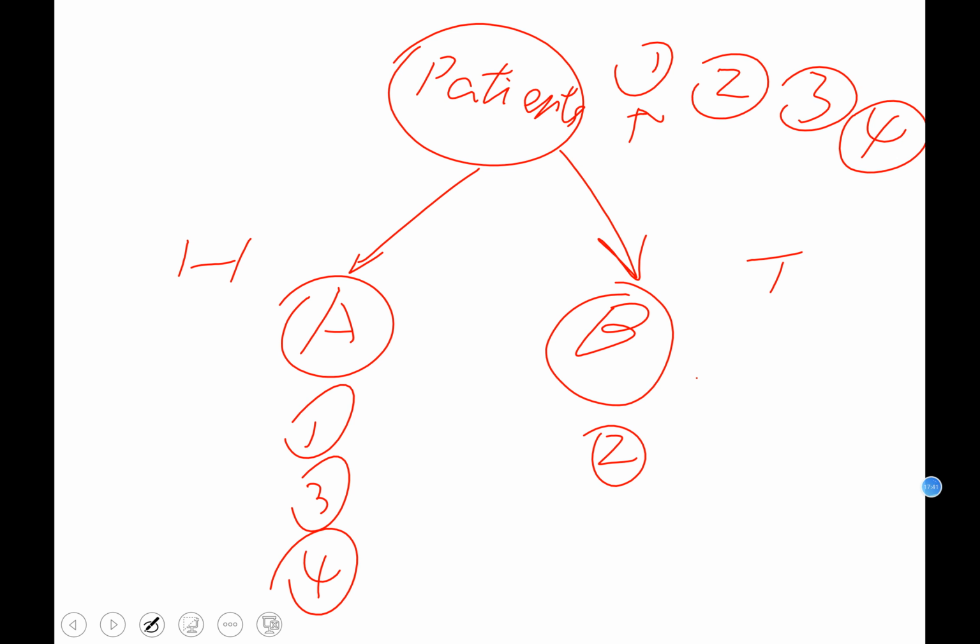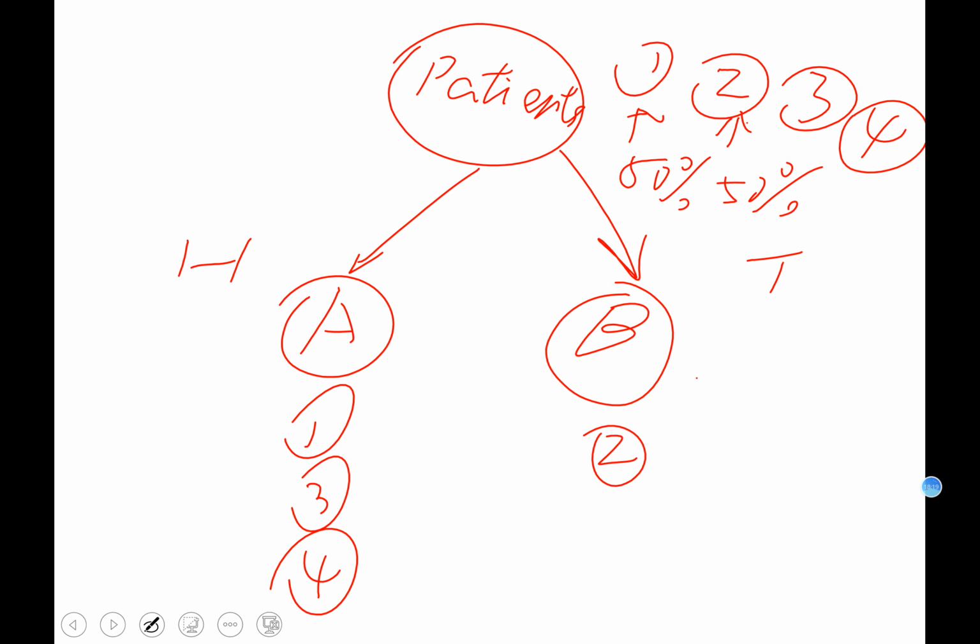For example, number 1 patient has 50 to 50% probability to get into A or B group. And for number 2 patient, the probability is the same, 50 to 50. That means he can get into group A and he can get into group B too.